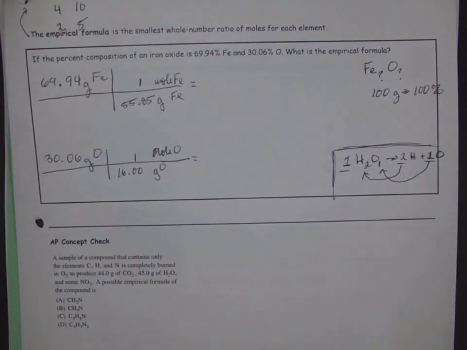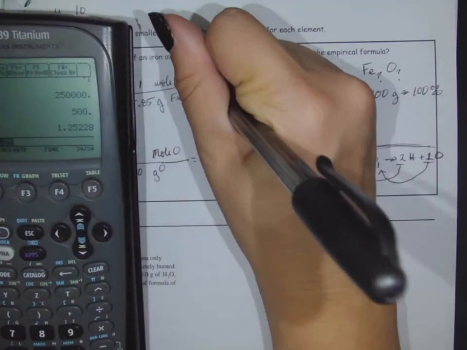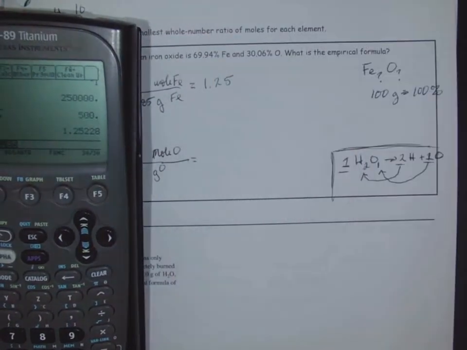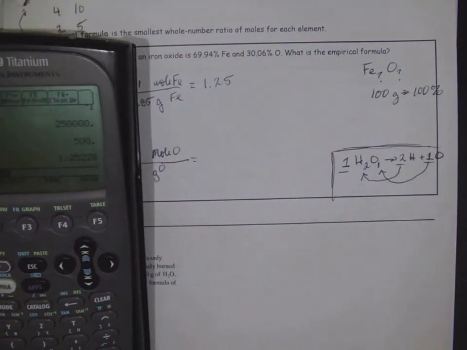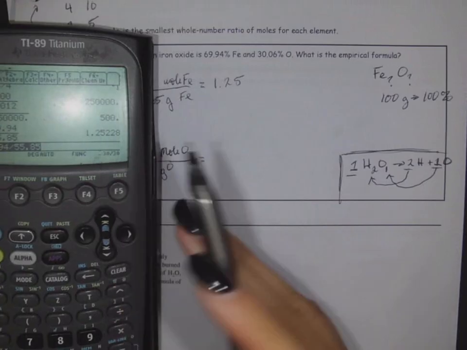Okay, lovely. So we're going to go from grams to moles on this. I'm going to take 69.94, divide it by 55.85, and I'm getting a long number with a decimal, 1.25, etc. I'm not rounding yet because it's not my final answer, but I'm writing enough digits that I can remember which number this is.